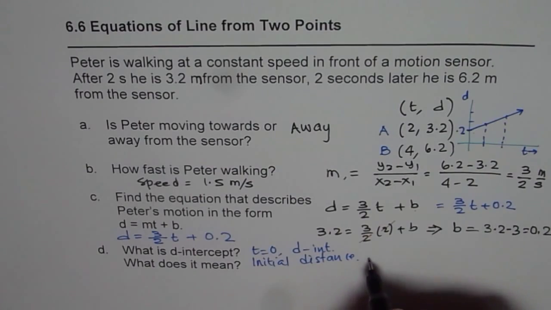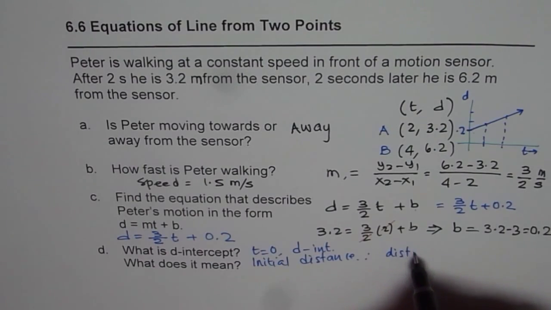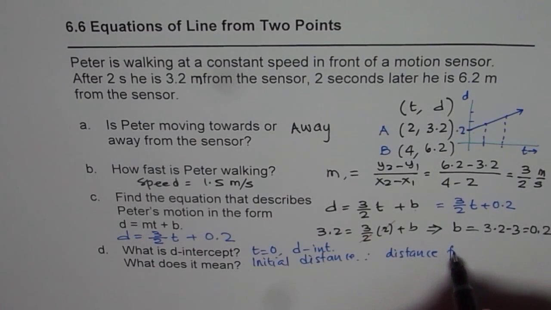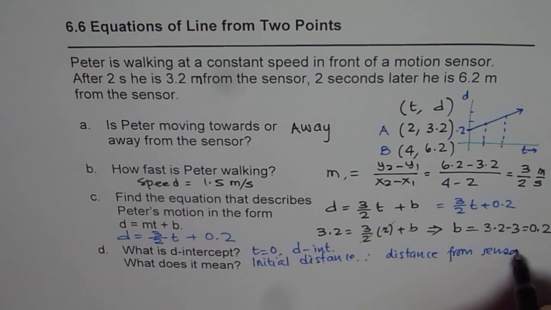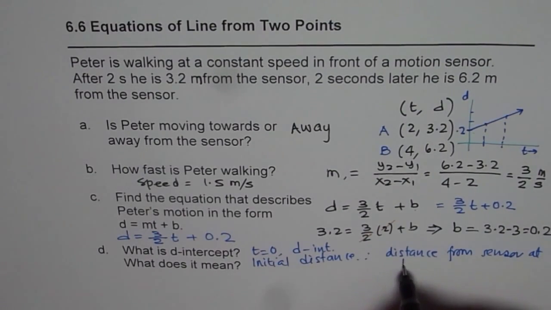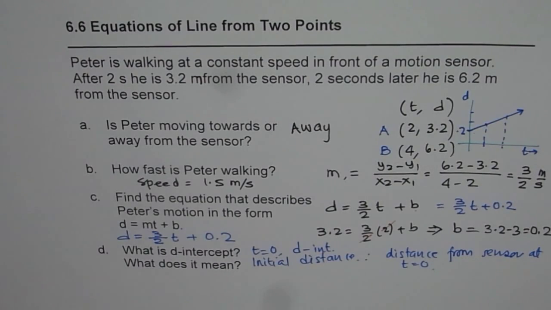Initial distance, or distance from the motion sensor at t equals 0. So these are different ways you can explain what the d-intercept is. Basically, the d-intercept is a point where t is 0. So what was the distance when t was 0, when Peter started walking.